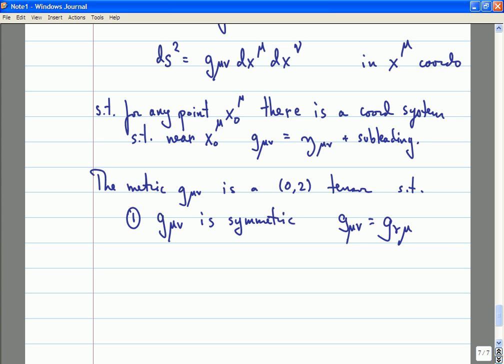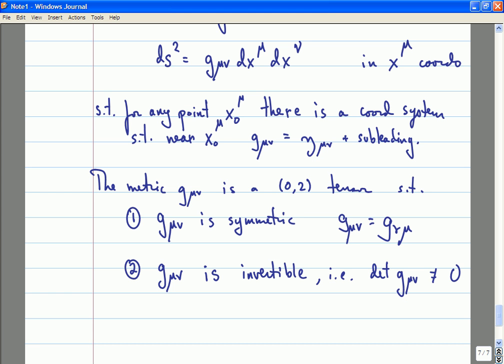The second property that the metric must have is that as a 4x4 matrix, or a d by d matrix, if you happen to be studying general relativity in a different number of dimensions, g mu nu is invertible. Or, in other words, the determinant of g mu nu as a 4x4 matrix is non-zero. That's another way of saying it's invertible.